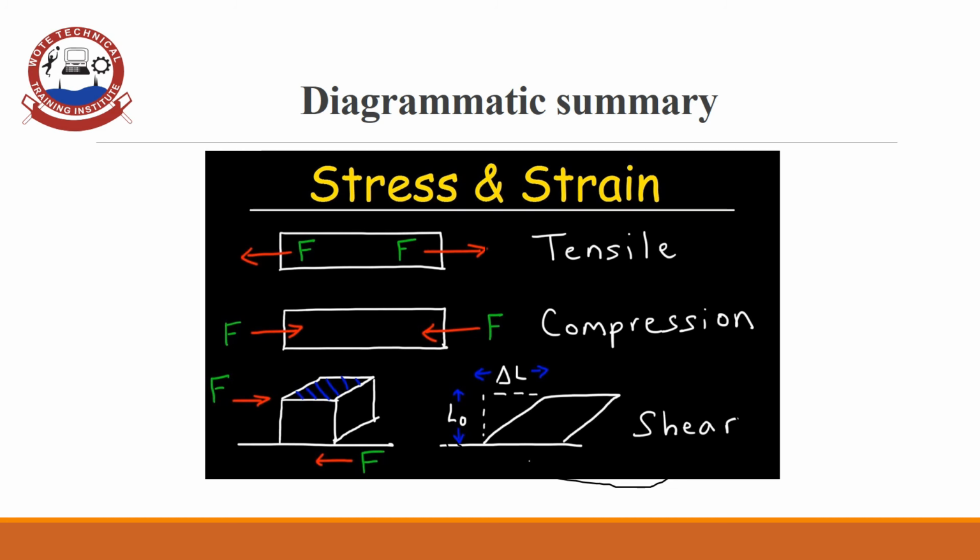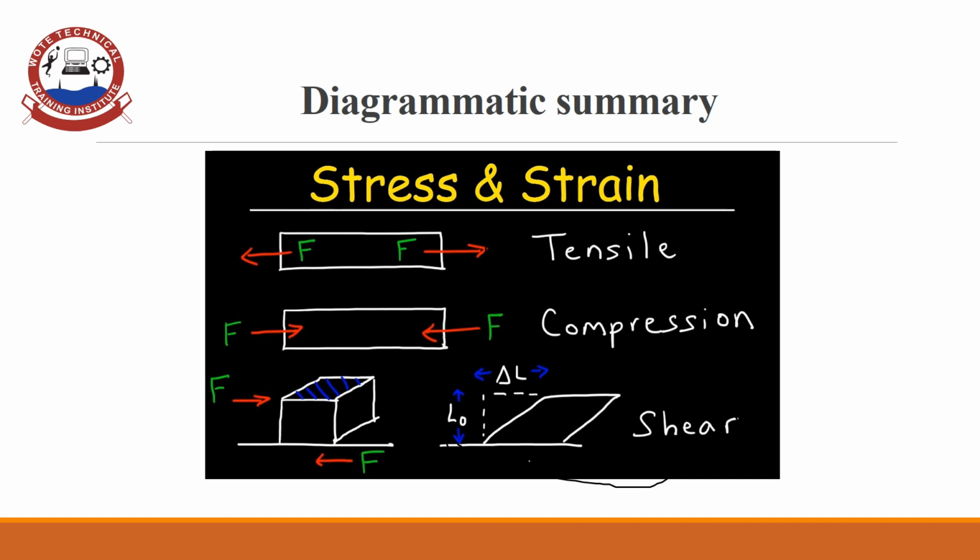So it is very important to note that stress and strain are important when you are talking about engineering materials, that is specifically their strength, because different engineering materials will have different strengths depending on the stress they can handle when a load is applied on them.